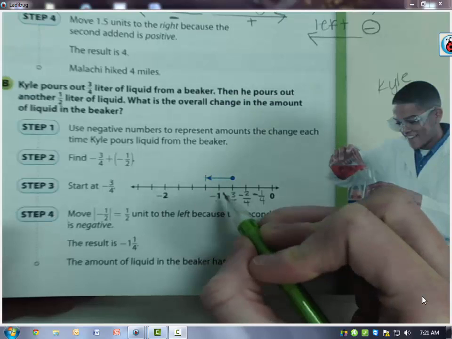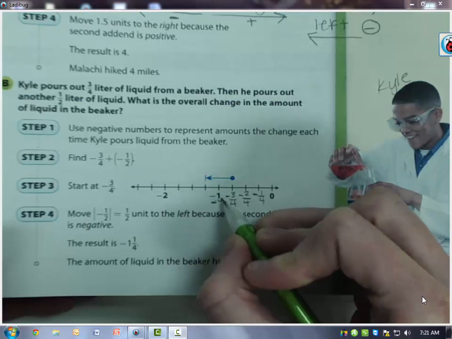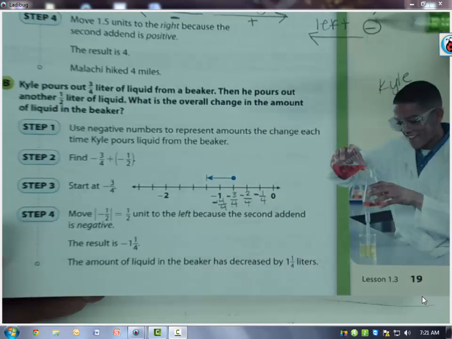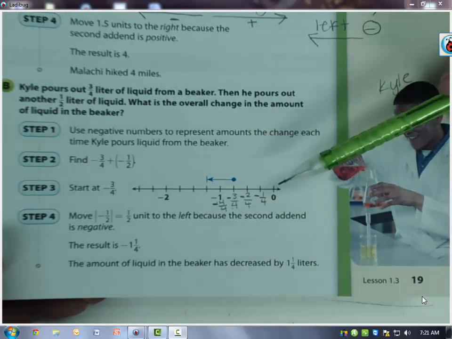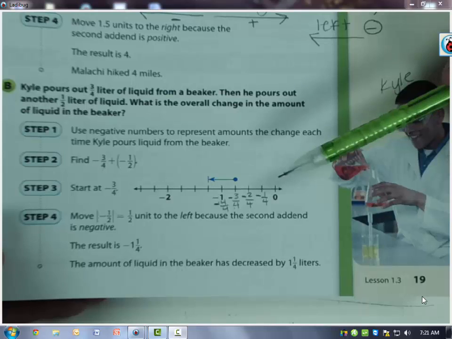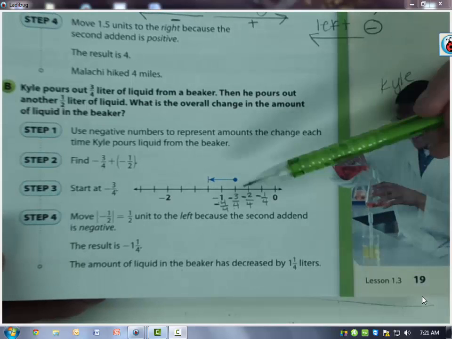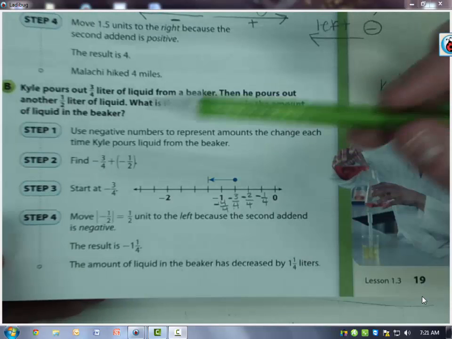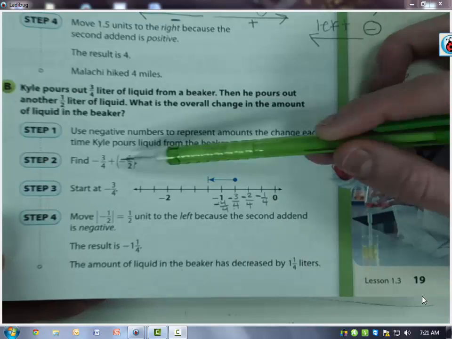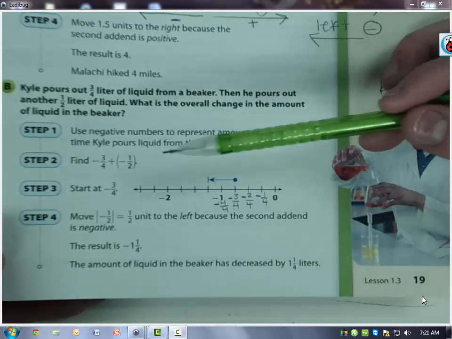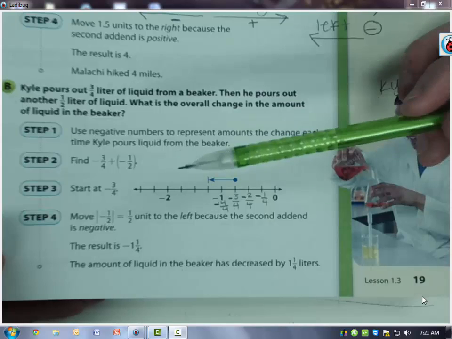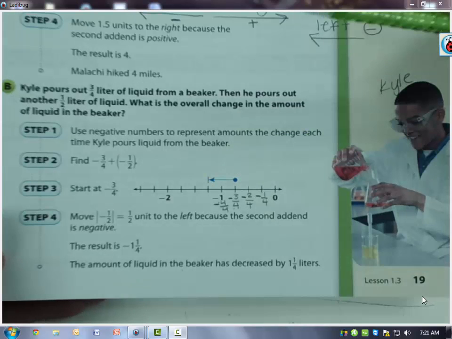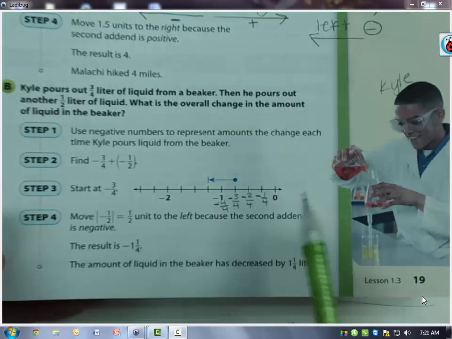Okay, so first of all, we got to get our number line right, because if we don't have our number line right, we can't read it. Okay, so we start at -3/4, just like this, and then we move -1/2. Well, what's -1/2 in 4ths? Well, half of 4 is 2, so we would go over 2/4.